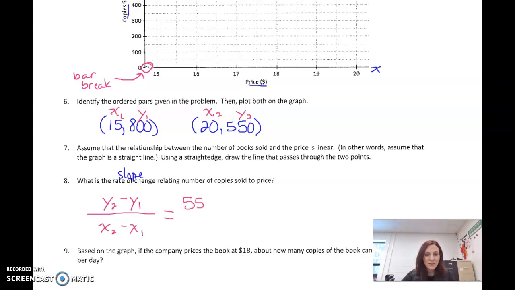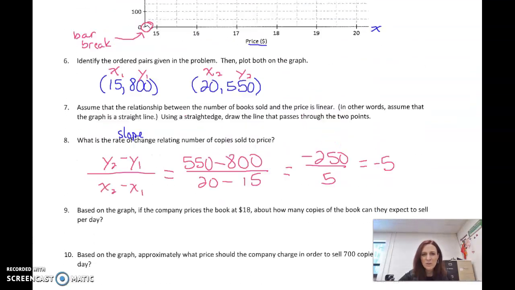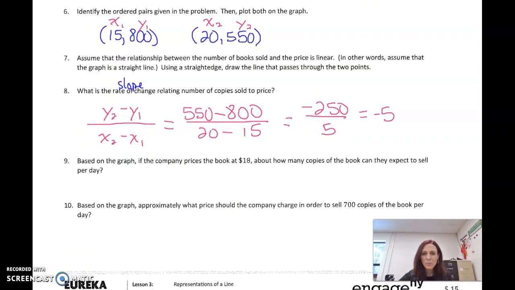y2 is 550 minus y1, which is 800, over x2, which is 20, minus x1, which is 15. Okay, and if we figure this out, we get negative 250 divided by 5, which is a negative 50. I'm sorry, this is negative 50 here. What is a negative 50? Well, remember, we're talking about our copies per price.